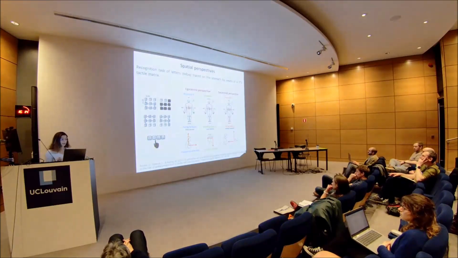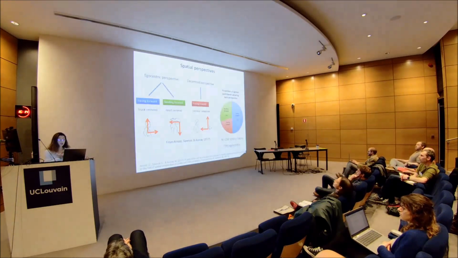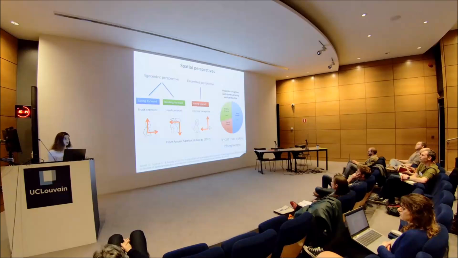What is interesting here is that for the egocentric perspective, we have a way to disentangle between trunk-centered and head-centered perspective. The idea is that we suspect that in the former literature, most of the perspectives that were head-centric were maybe taken for a decentered one, and there were confusions anyway. Across all the experiments we conducted, the participants had a first session in which they were free to adopt the perspective that is the most natural to them.